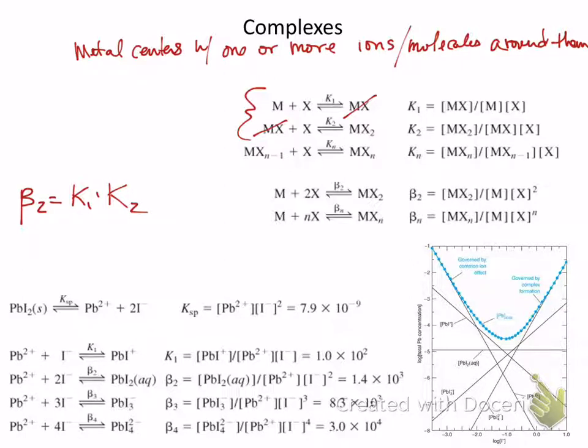If we look through the equations in the upper right for K1 and K2, these two balanced equilibrium reactions, we can see that we can cross out chemical species that are across the equilibrium arrows on the two reactions.